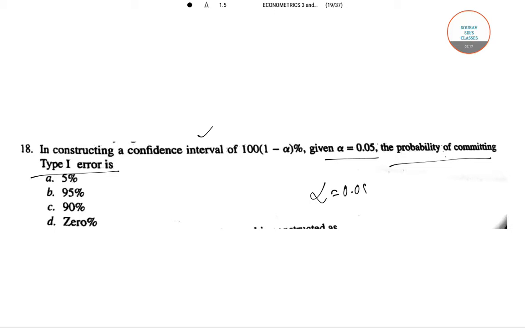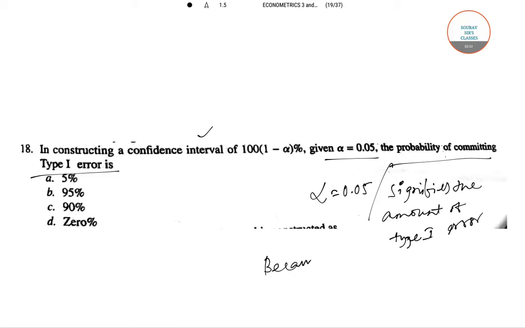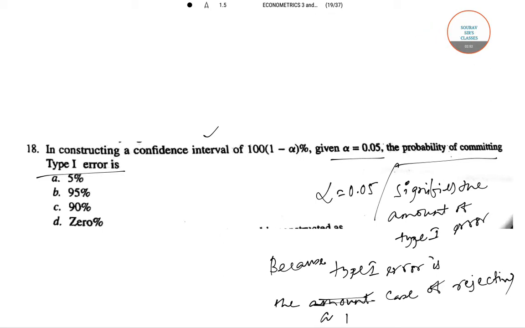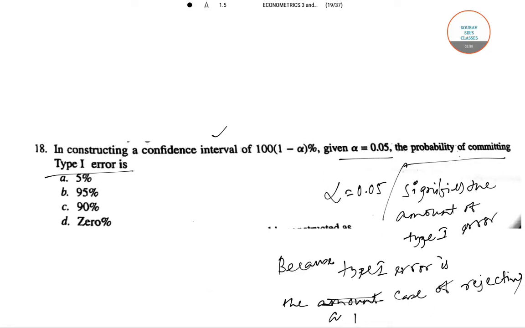Basically, alpha 0.05 signifies the amount of type 1 error, because type 1 error is the case of rejecting a true null hypothesis.